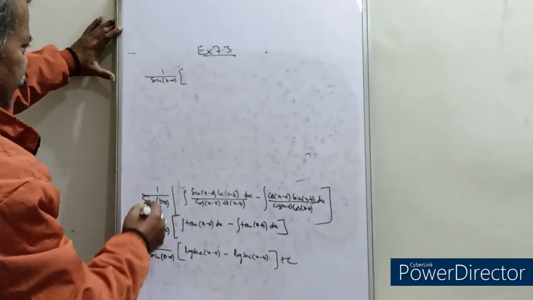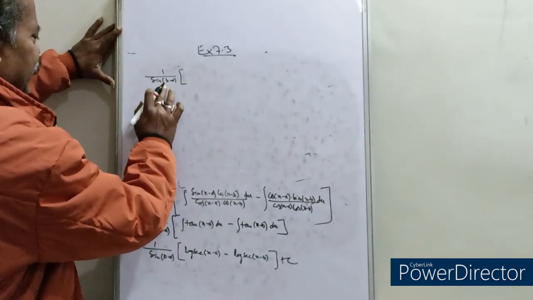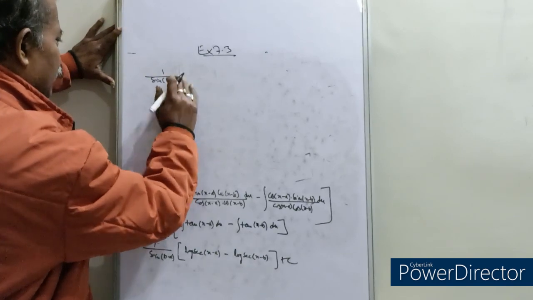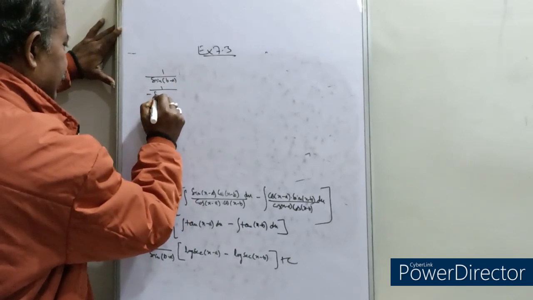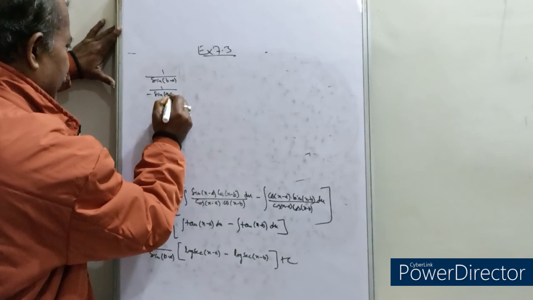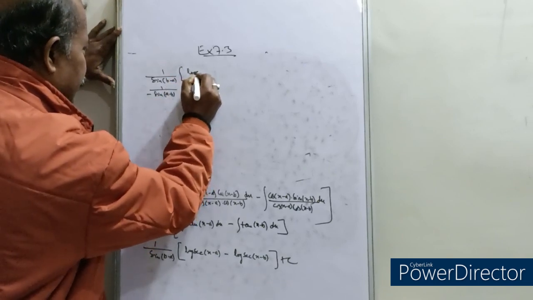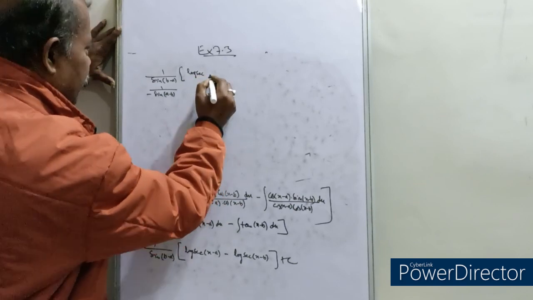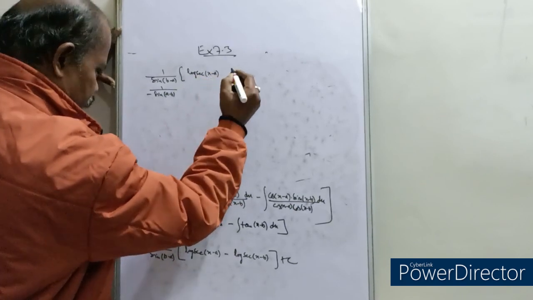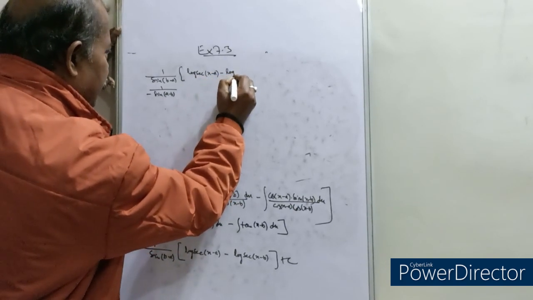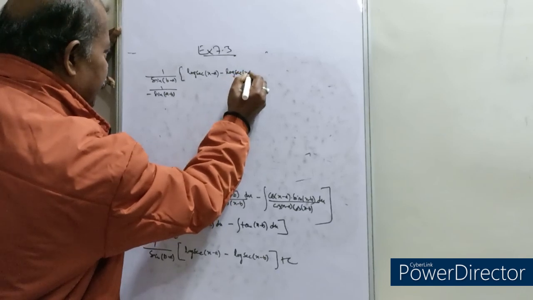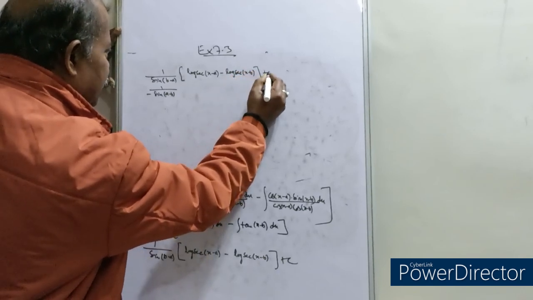One thing I can do here is take minus common, so this will be equal to 1 by minus sine(a minus b), this log sec(x minus a) minus log sec(x minus b) plus c.